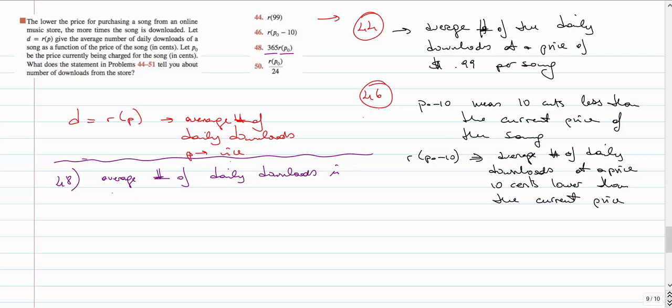In 1 year at current price. P sub 0 is your current price.